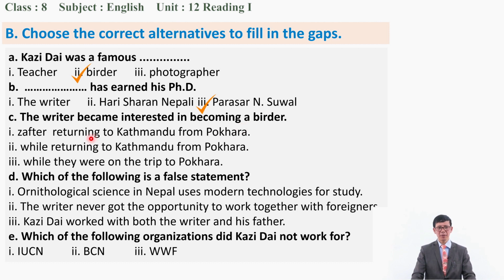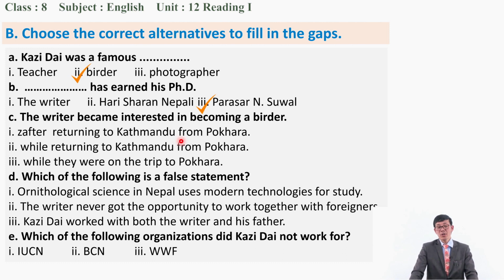And C, the writer became interested in becoming a birder. Now tell me, after returning to Kathmandu from Pokhara, while they were on the trip to Pokhara, the writer became interested in becoming a birder. So, when did he become interested in becoming a birder? Have you guessed? Is it while returning to Kathmandu from Pokhara?